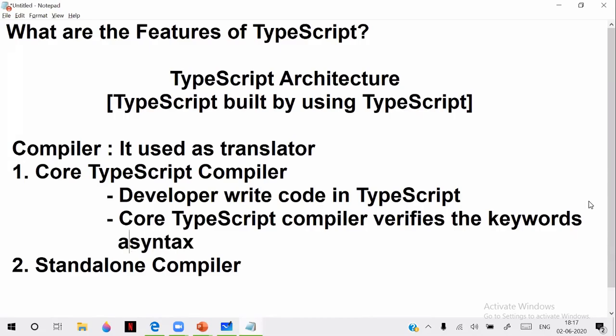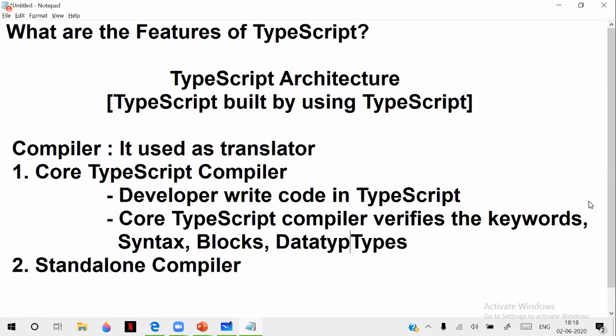So not only keywords and syntax, it verifies the blocks. That means where it is starting, where it is ending. It verifies the types, that means the data types. Are the data types the same as what TypeScript can understand?